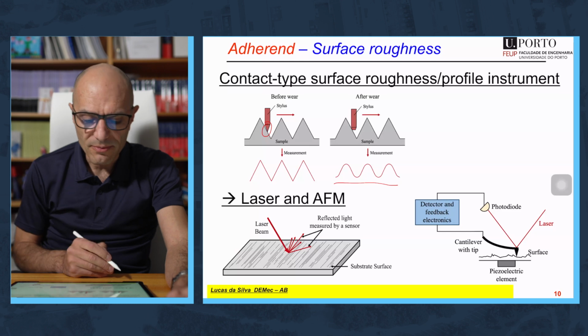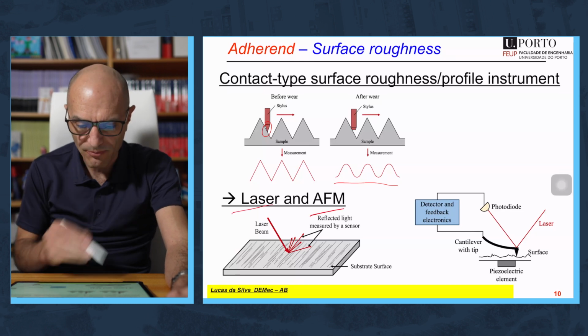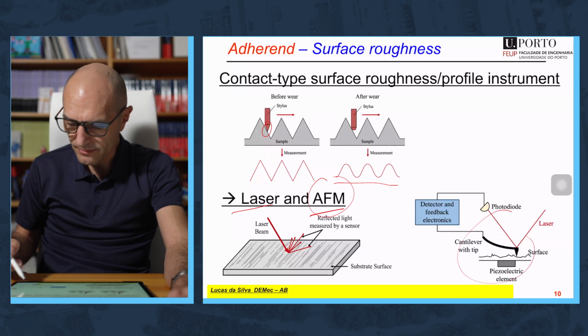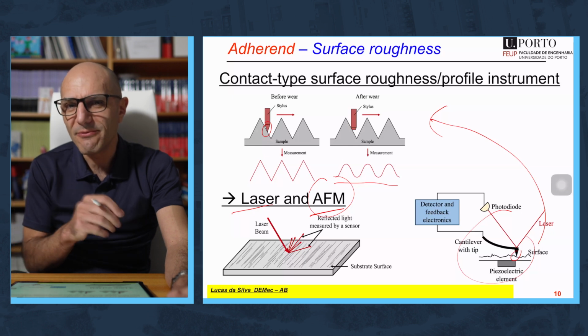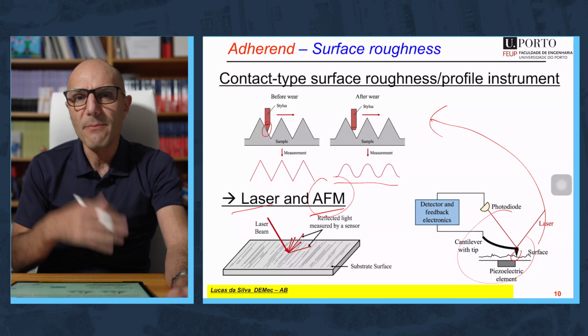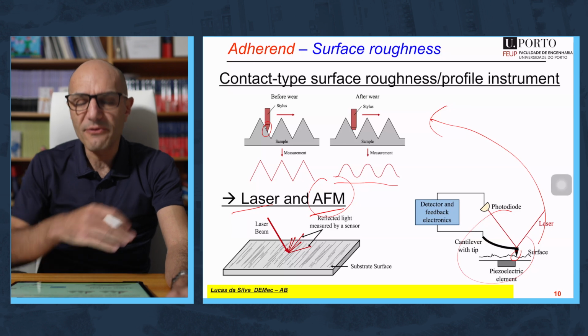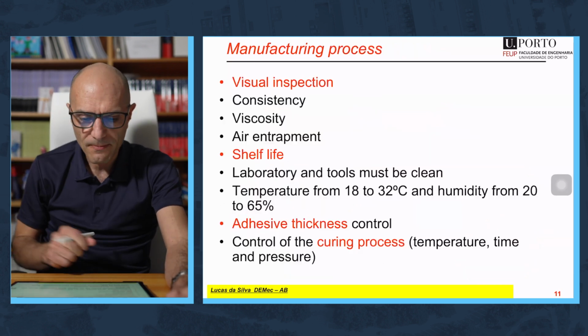So if you want to use something more precise, you can use laser or AFM, atomic force microscopy. This is a bit the same principle as the profile instrument, but the stylus is really very, very tiny, so you have a much more precise idea of the surface, and it's a scan, so it's an area that you have at the end.